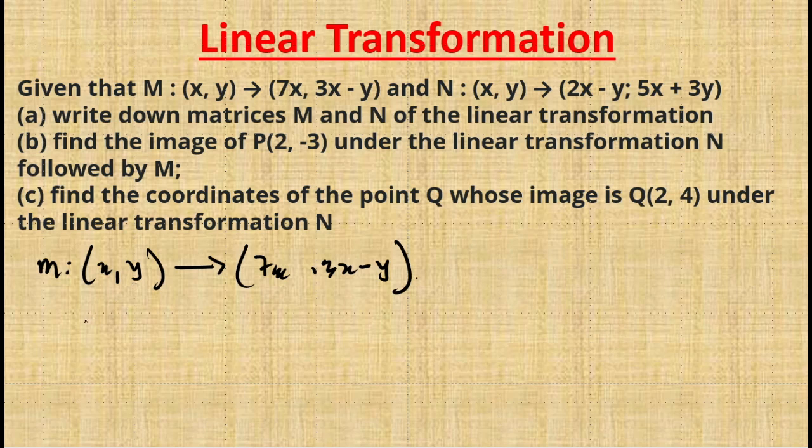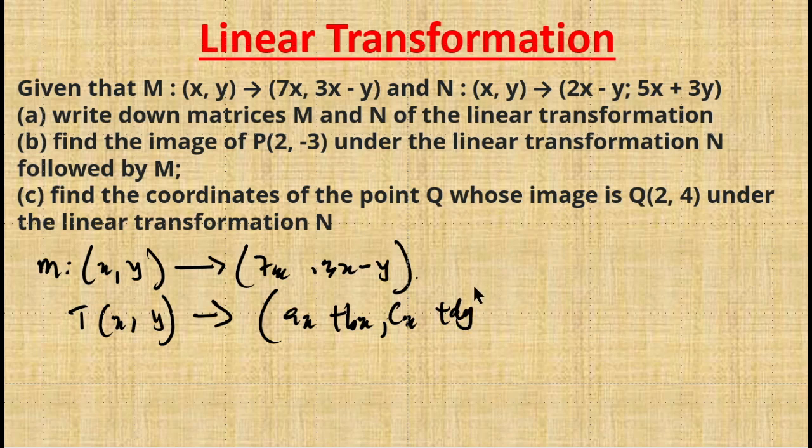Now, this is of the form (x, y) mapped to (ax + by, cx + dy), and the matrix of this should look like [a, b; c, d]. So we can begin to extract the matrix for M and for N.